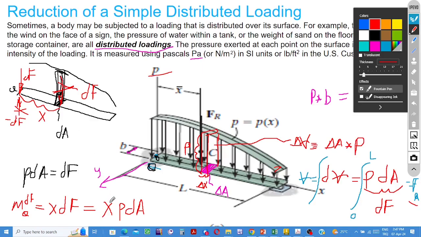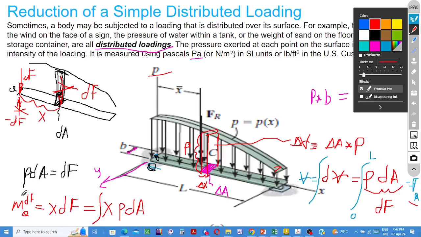How many forces do we have? An infinite number of forces. For each, calculate the moment and then add them up. Since the forces are parallel to each other, we can easily add them up using integration.